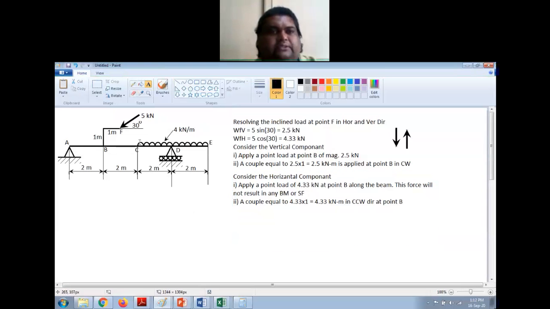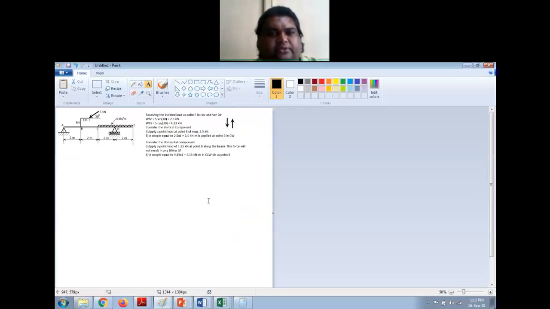So let us draw the load diagram first. For this, I'll first project all these points.